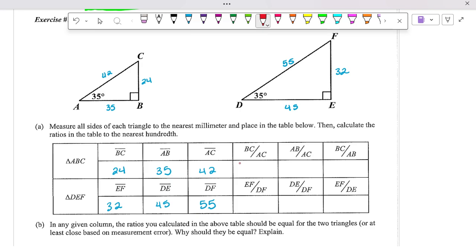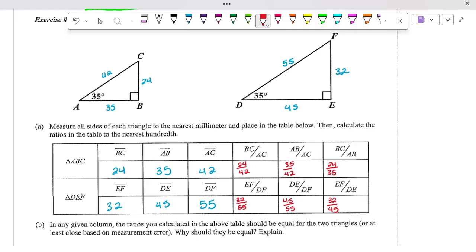All right, so we have 24 over 42, 35 over 42, 24 over 35, 32 out of 55, 45 out of 55, and 32 out of 45.